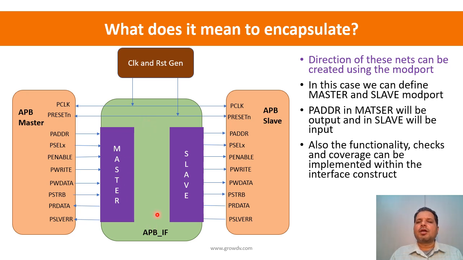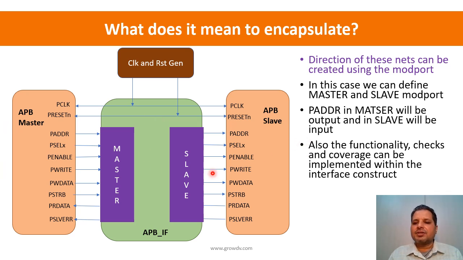The way we need to think about it is, generally when we start thinking about any signals, we start from the point of view of a particular module, and then we look at whether a particular signal is an input or output. In the context of an interface, we start to look at how the signals of one particular port get connected with another entity, because ultimately it has to connect somewhere. So we start from the place where they get connected, and from that point we view both the entities which get connected.